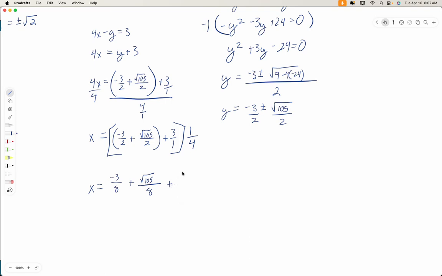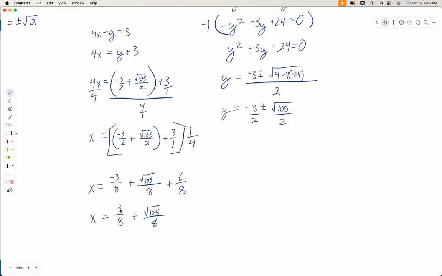So if I double that, that'd be 6 over 8. So then that and that would combine, and x would be equal to a positive 3 over 8 plus square root of 105 over 8. Yes, that's correct.